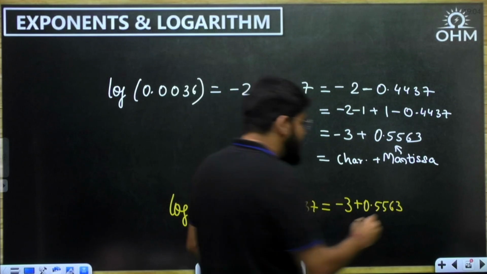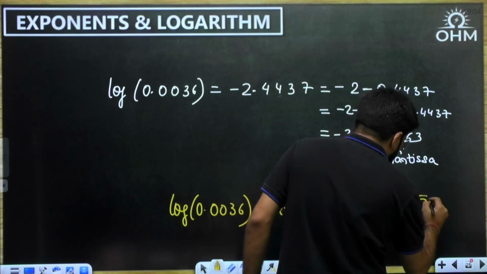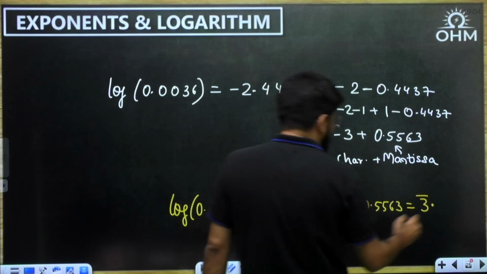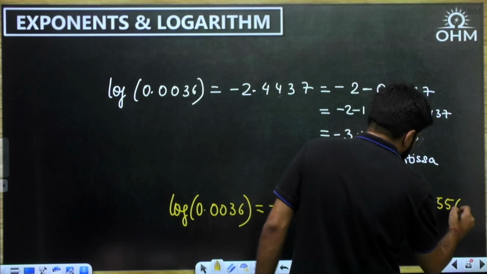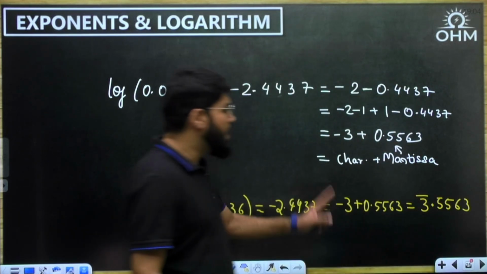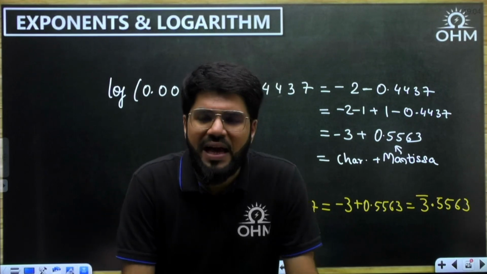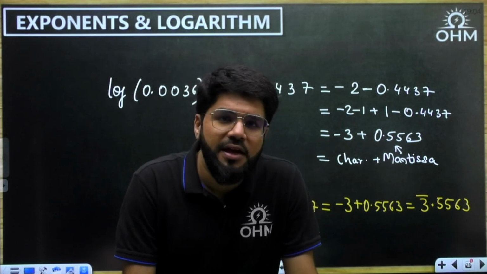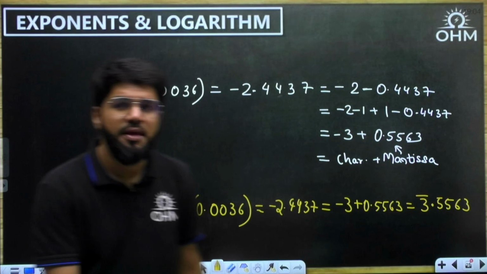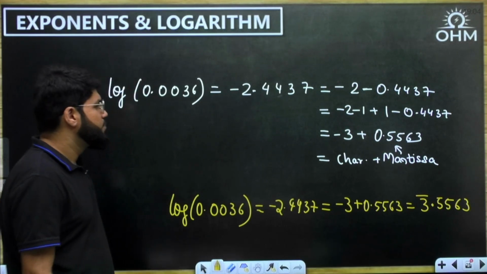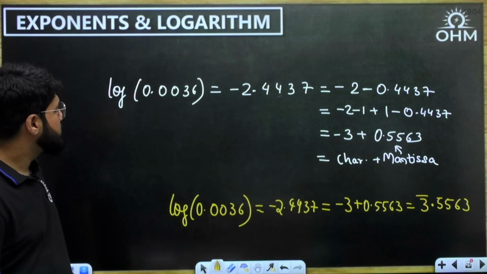Like the characteristic is minus 3, we can write this number as 3 bar 0.5563. 3 bar means negative 3.